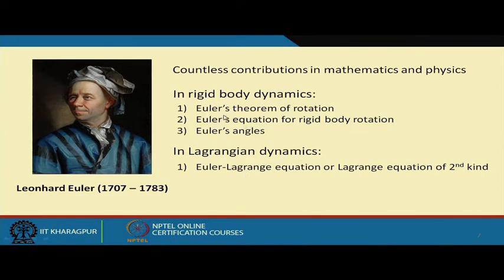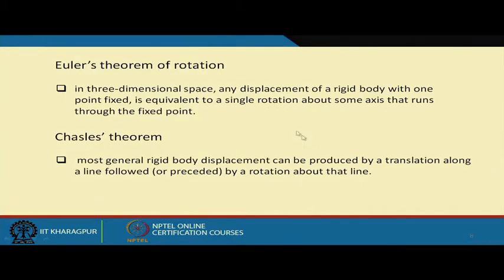So, right now we will be focusing mostly on Euler's theorem of rotation, which says that in 3-dimensional space any displacement of a rigid body with one point fixed is equivalent to a single rotation about some axis that runs through the fixed point. Okay.